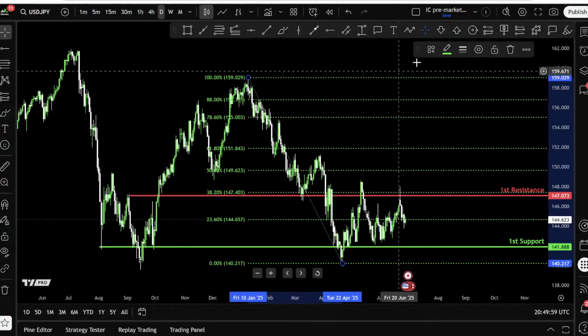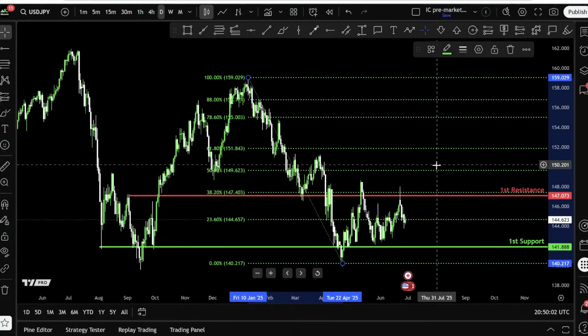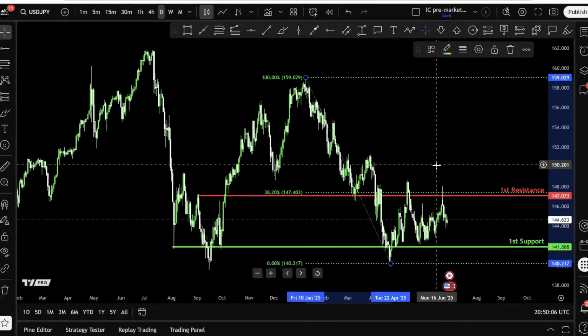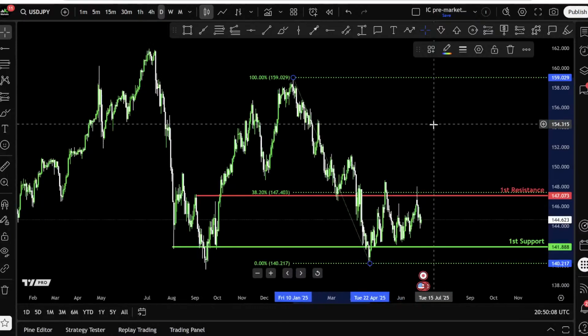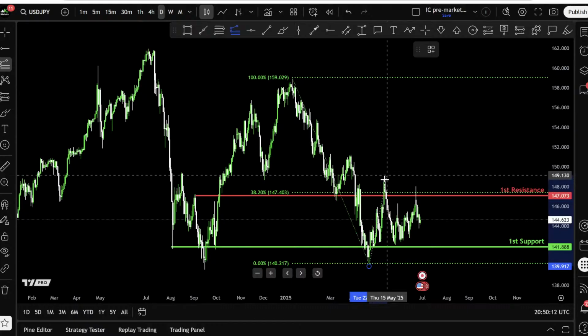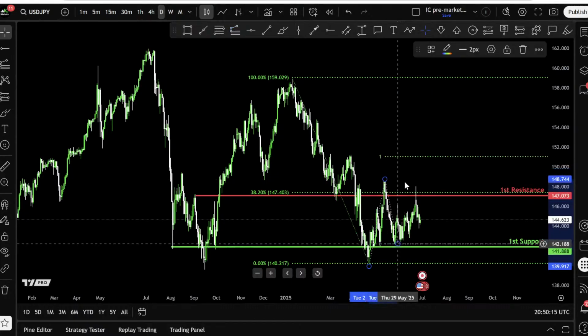Okay, my 38 lines up nicely. Let's look at a projection level here.